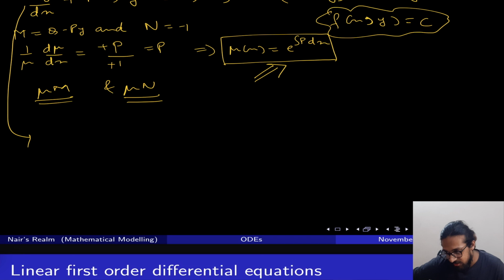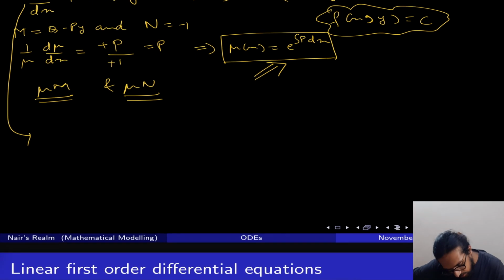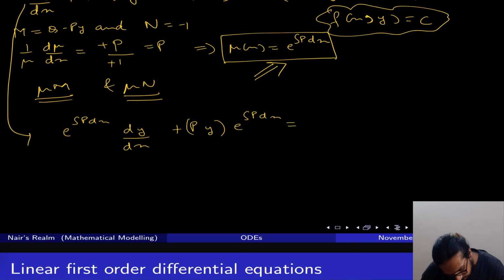So what I actually get is e power integral p dx times dou y by dou x plus py into e power integral p dx is equal to q times e power integral p dx.